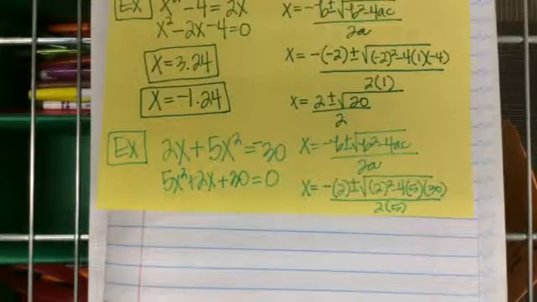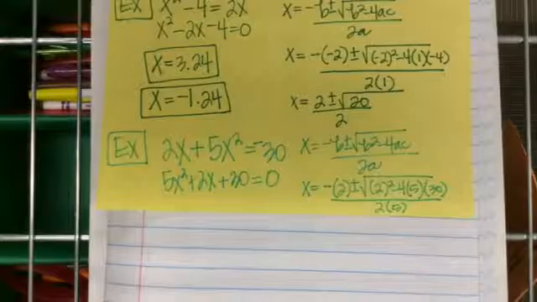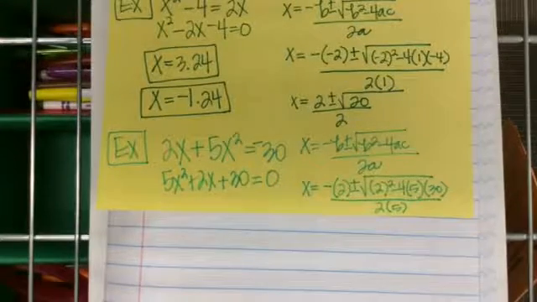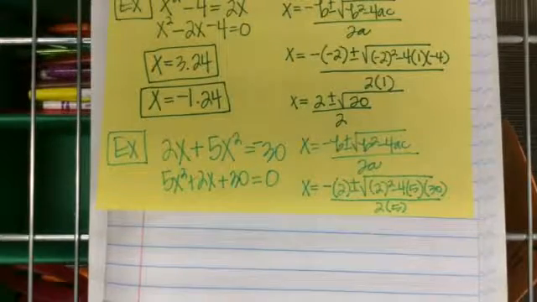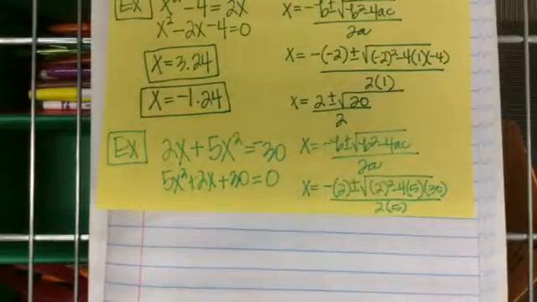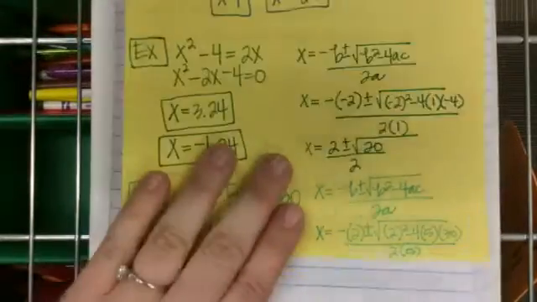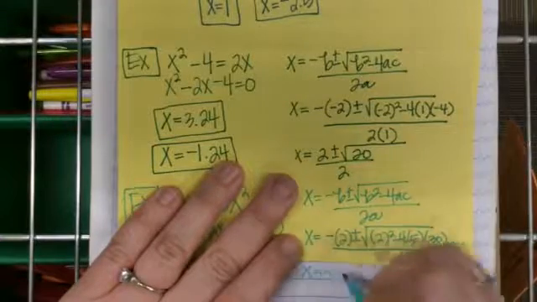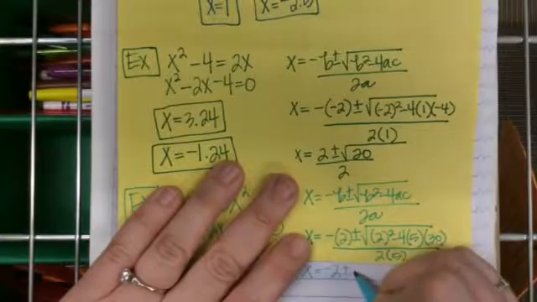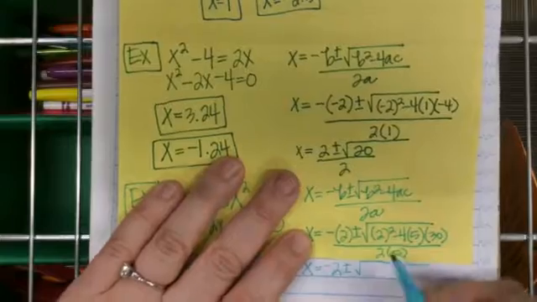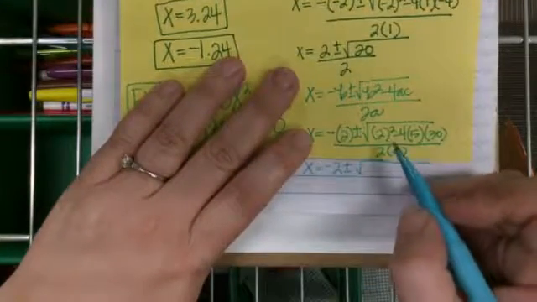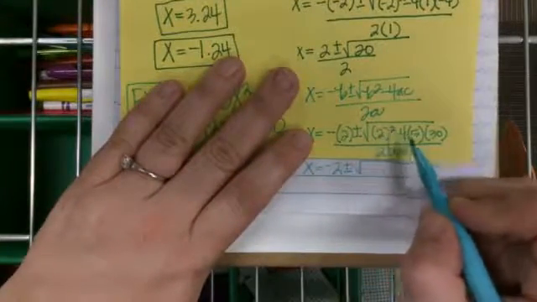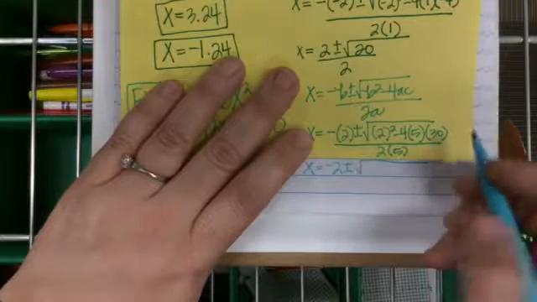Simplify that discriminant. If you were going to rewrite it, simplify that discriminant. X equals negative 2 plus or minus the square root. What's 2 squared minus 4 times 5 times 30?